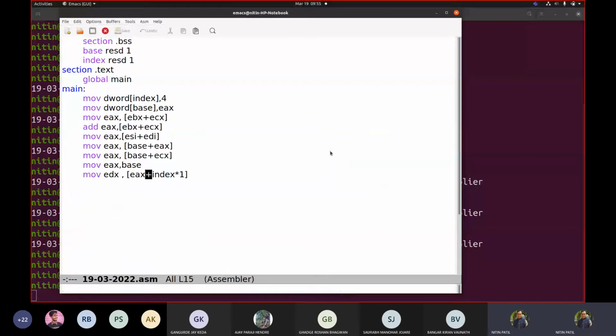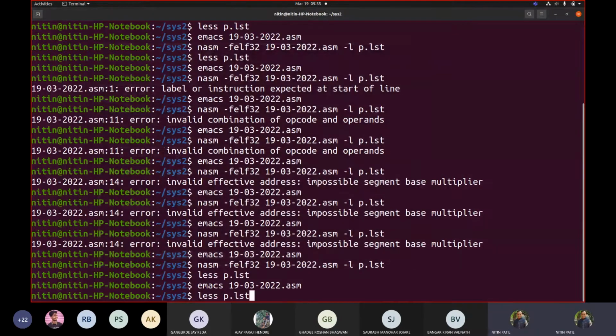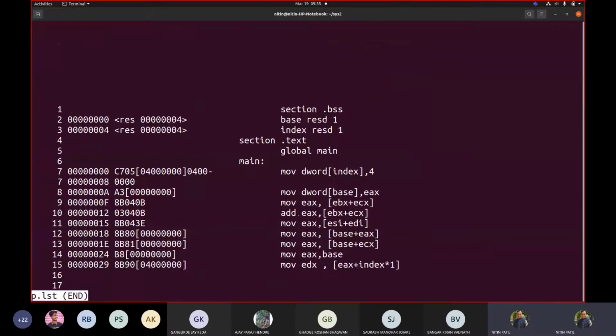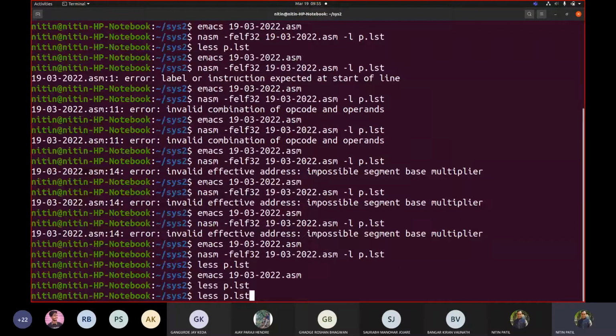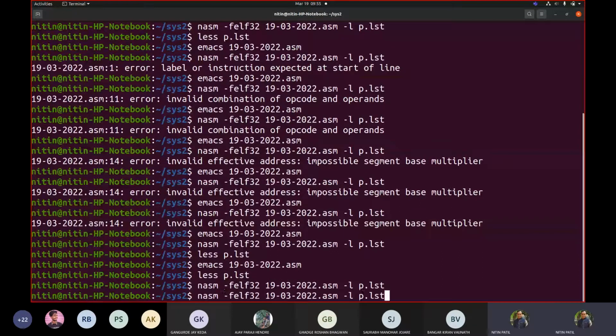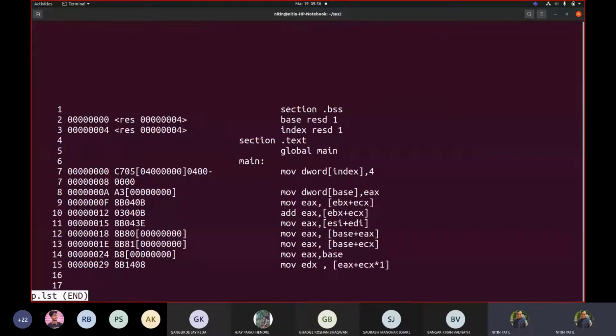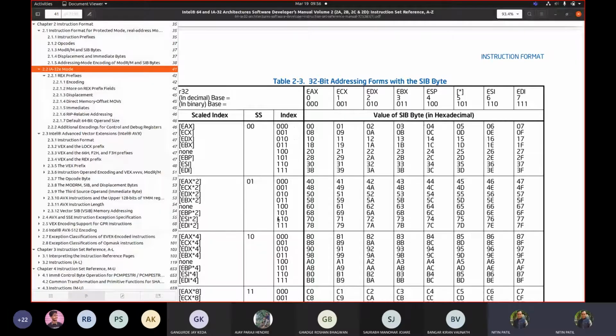So if I write here ECX, sorry, less p.lst. Now I can see the 08. Correct, because it is working like that, the way that earlier we saw. So 08 was formed.